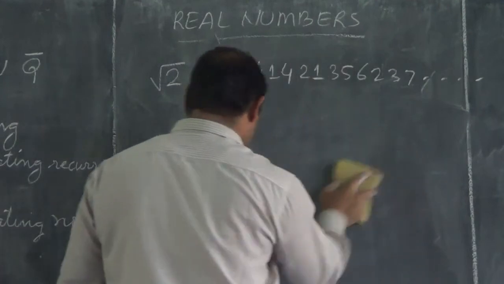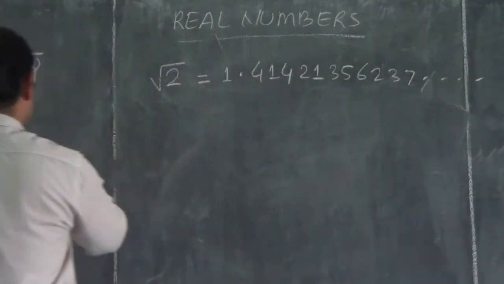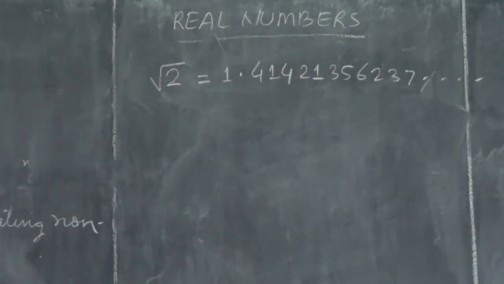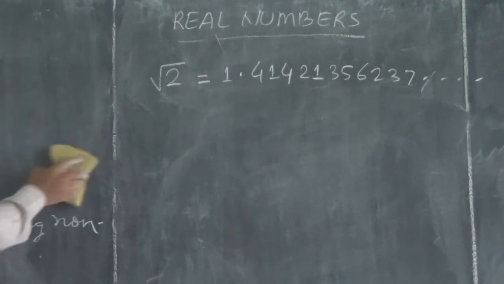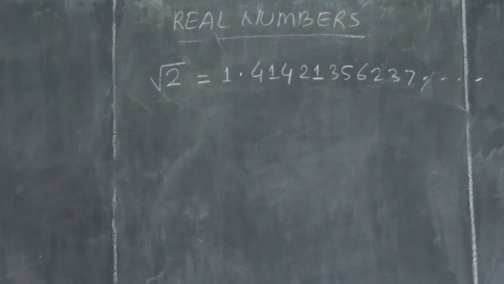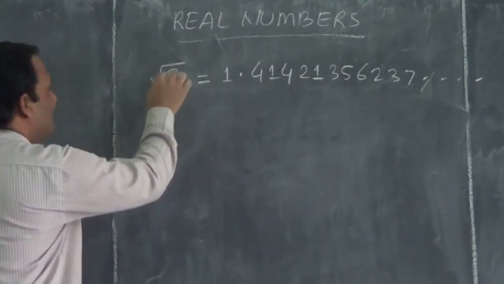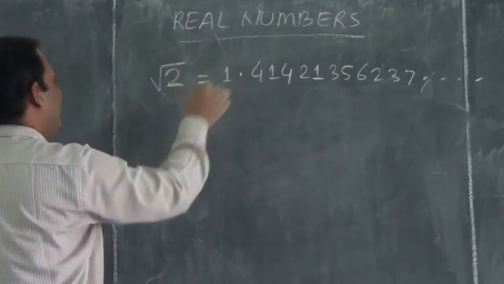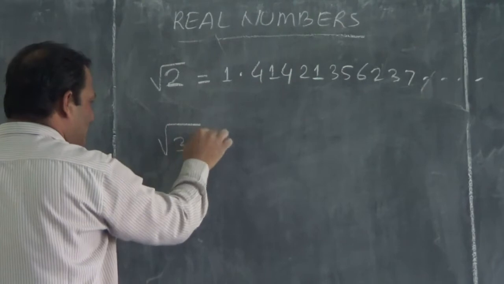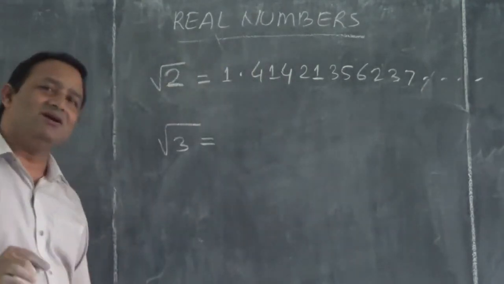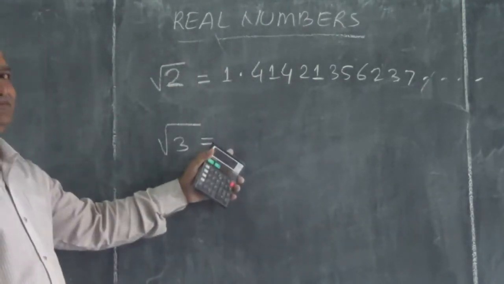We are very much sure that the decimal expansion of the square root of a number which is not a perfect square, 2 is not a perfect square, 3 is not a perfect square, this will be non-terminating, non-recurring.